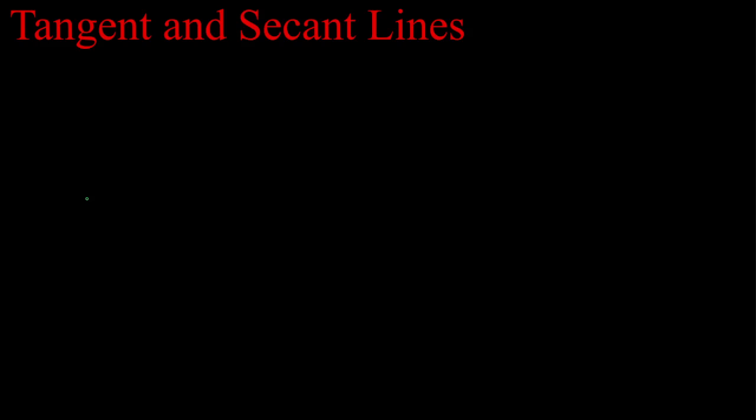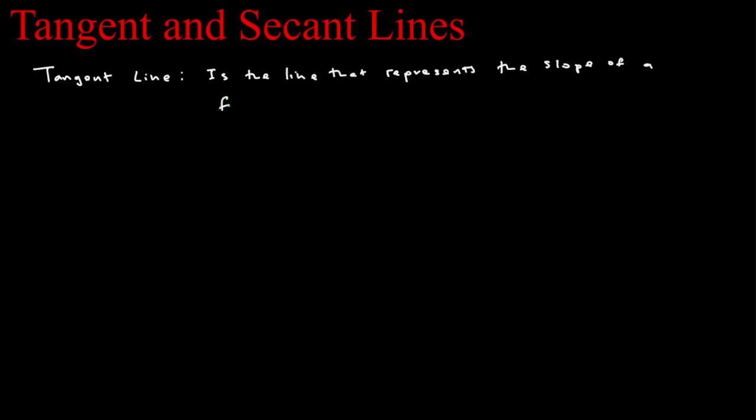Basically, the tangent line of a function is the line that represents the slope of a function at some point x. Now, to find the secant line and its slope is pretty easy, right?